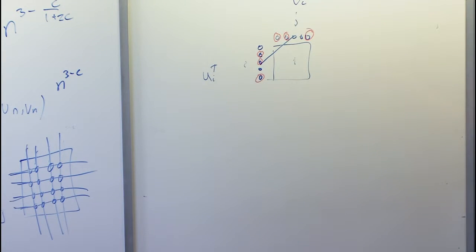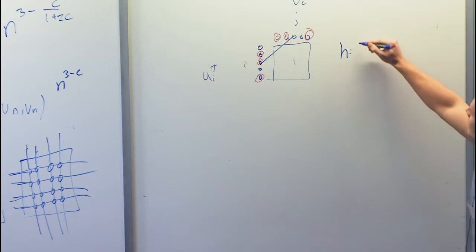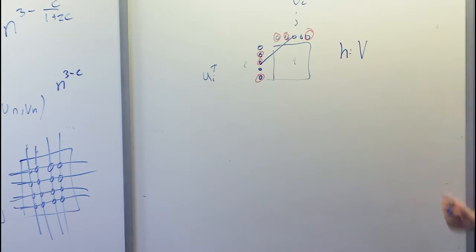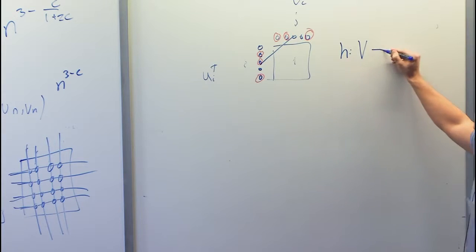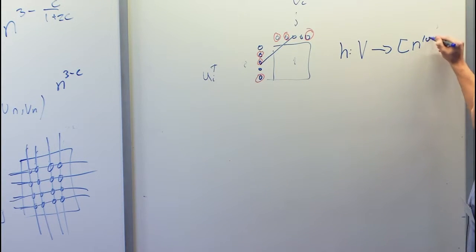So the idea is, let's first pick a hash function, essentially what Emmanuel did, that hashes these nodes of this graph to some big polynomial universe, let's say n to the 10.